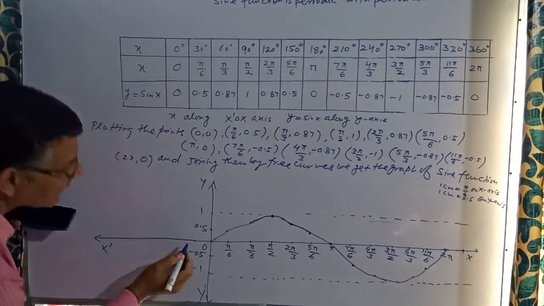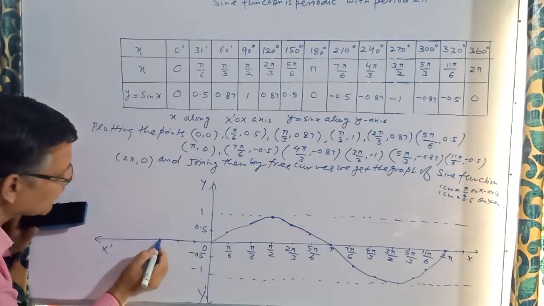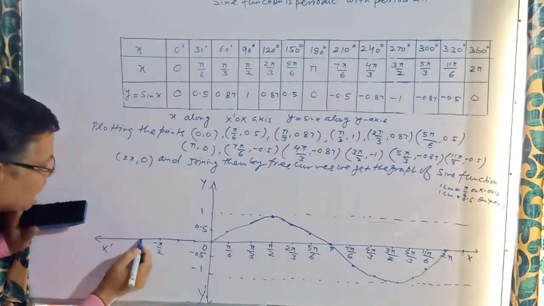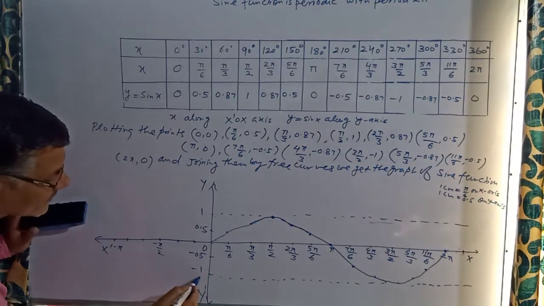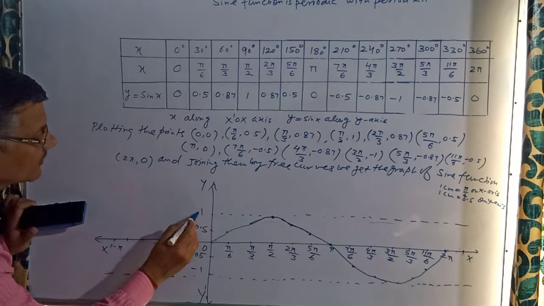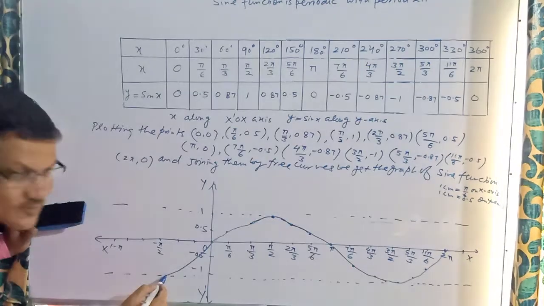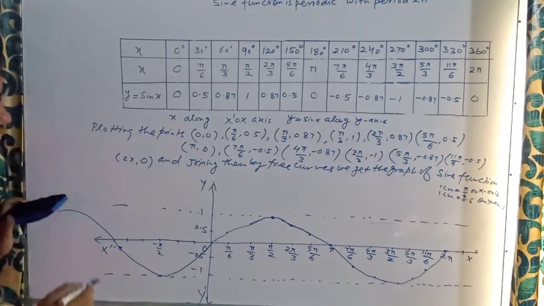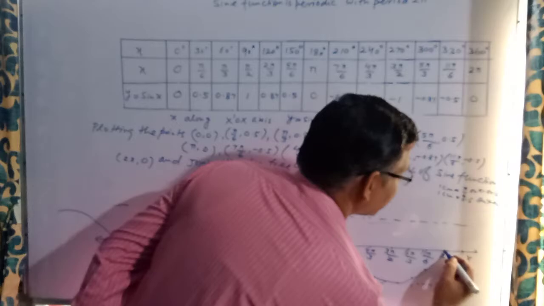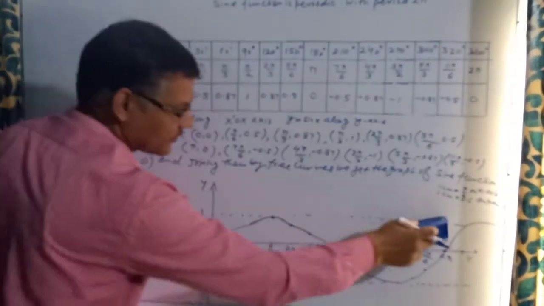Now when we extend this side, there is minus pi by 2, minus pi. When we extend the same graph this side, it becomes like this, it is minus pi by 2, then again at minus pi 0, and so on. So we can extend at this side also. So this is the way to get the graph of sine function.